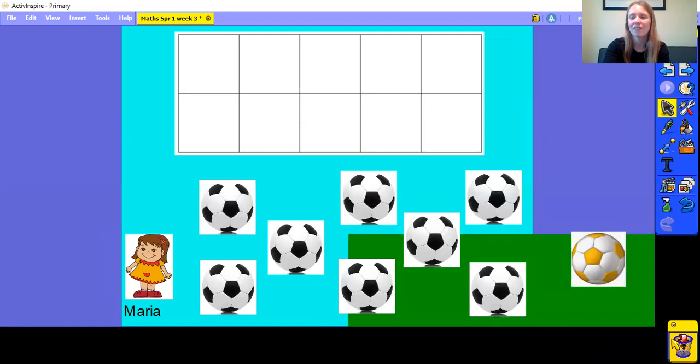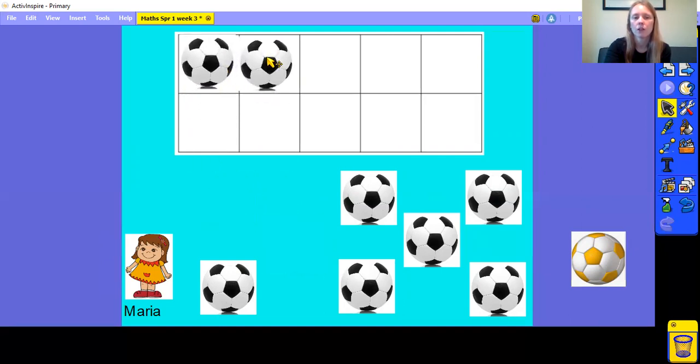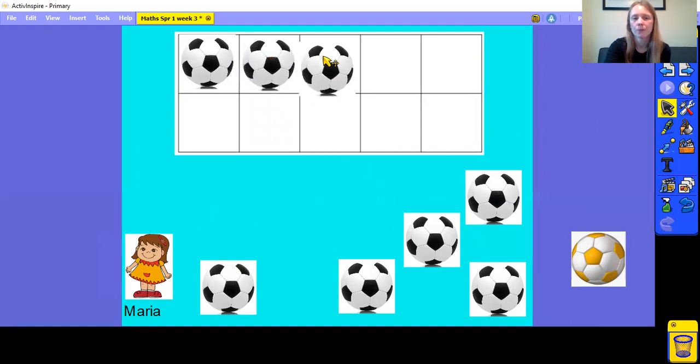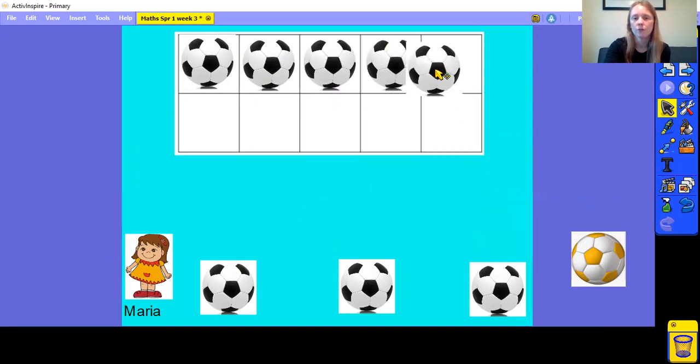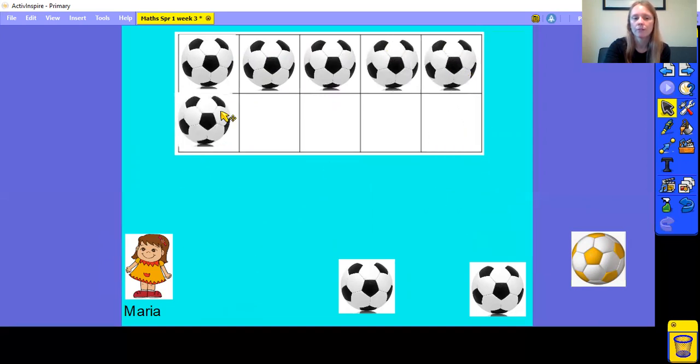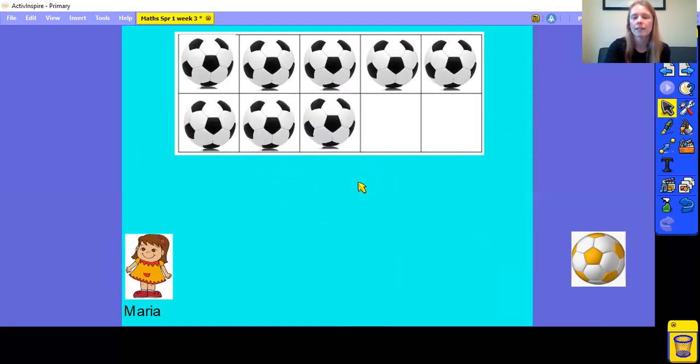Okay, let's have a go with a different number. How many footballs did Maria have first this time? Let's put the black and white footballs onto the 10 frame. 1, 2, 3, 4, 5, 6, 7, 8.